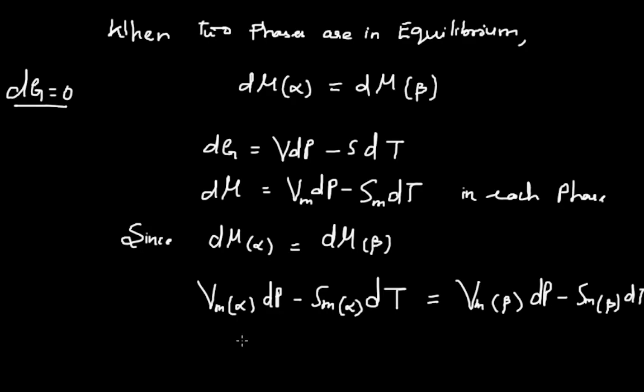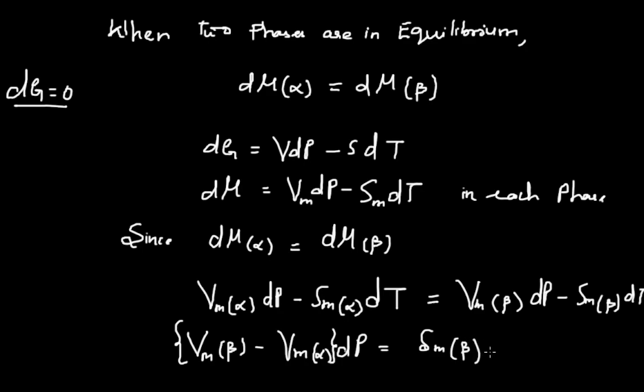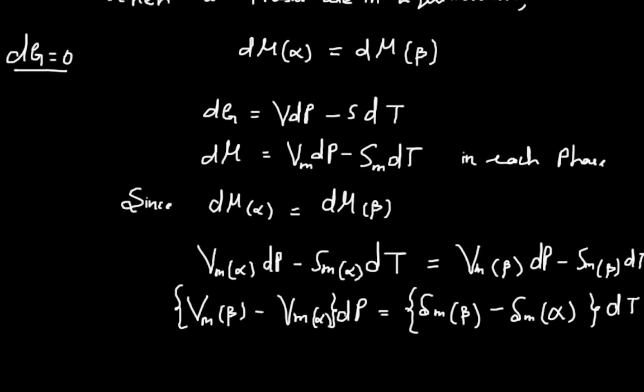So I can take them one side and write Vm beta minus Vm alpha, dP, is equal to Sm beta minus molar entropy of alpha phase, dT, and then I can equate.